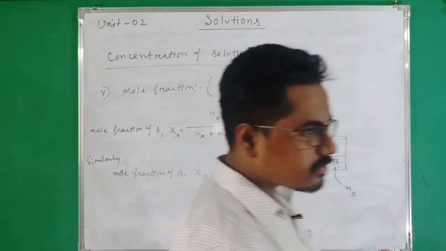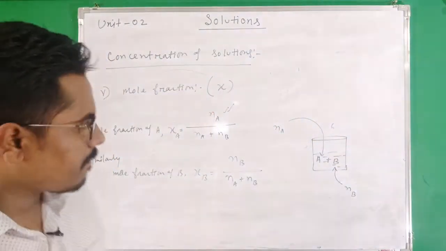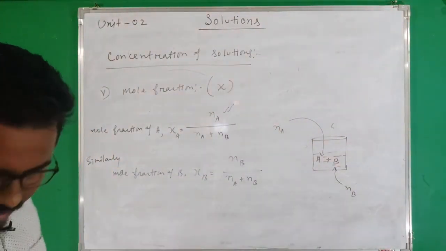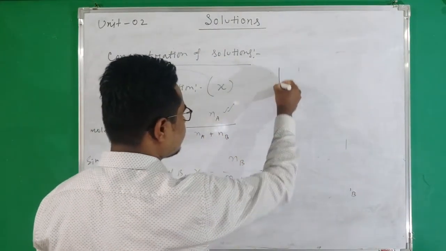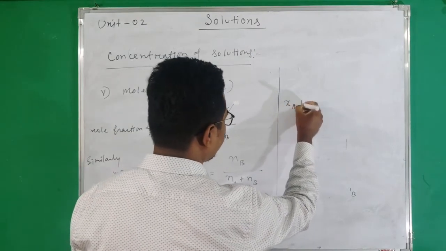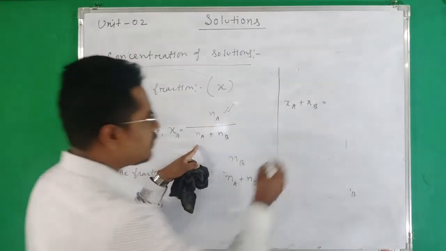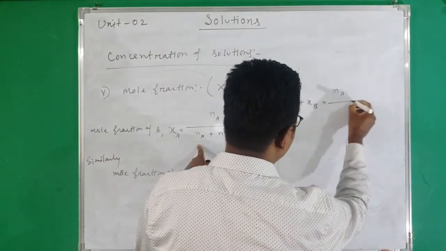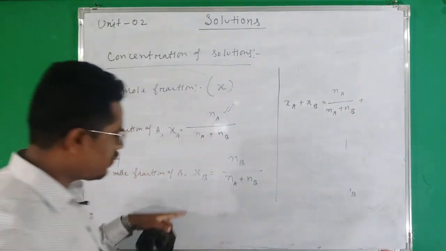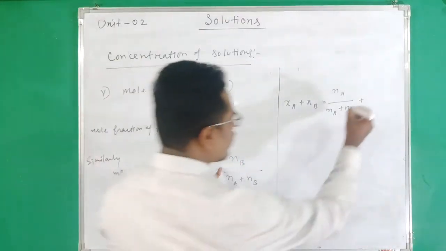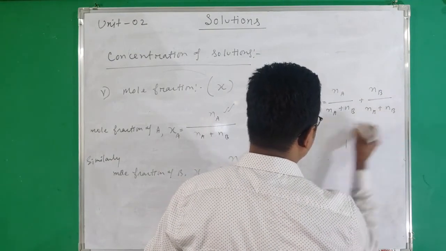Our next way to express concentration is molarity. But before studying molarity, let me add XA and XB. XA plus XB equals Na by Na plus Nb, plus Nb by Na plus Nb.